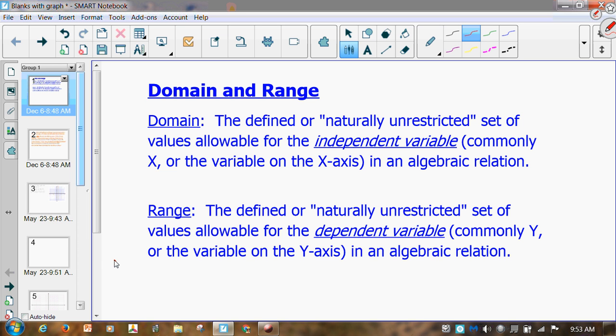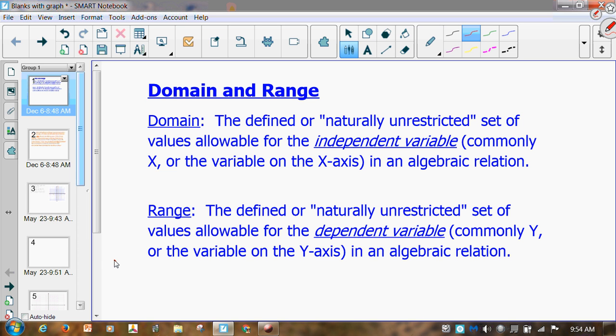For example, if I'm measuring motion versus time, I usually don't go back in time, so I might restrict the domain for time to those times that are greater than 0. Okay, and that just makes it easier to understand the data and also to graph it. So that would be a case of defined data.